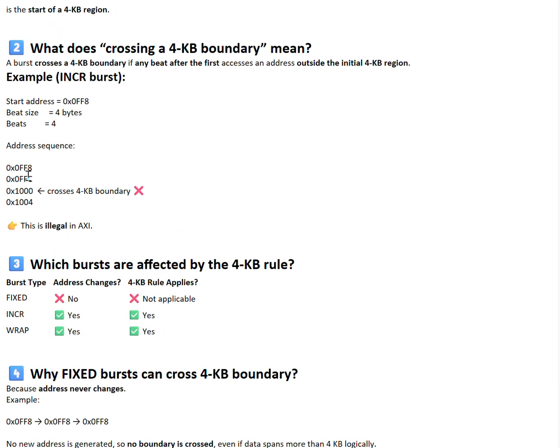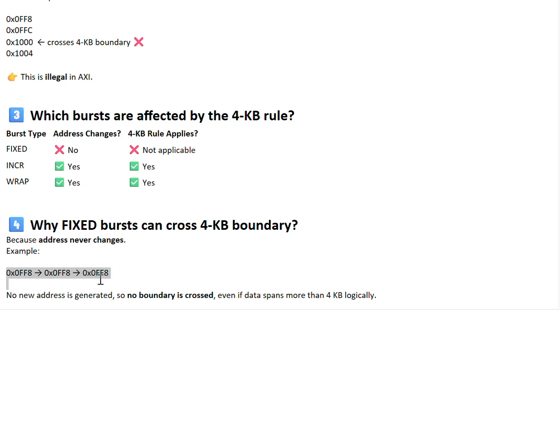Even in the case of FF8, the address remains the same in every beat, so it remains intact within the 0 to 0xFFF range, and the 4KB rule has no impact. Since no new address is generated, no boundary is crossed, even if the data spans more than 4KB logically.